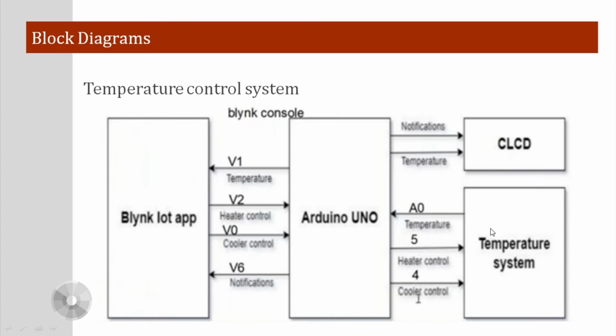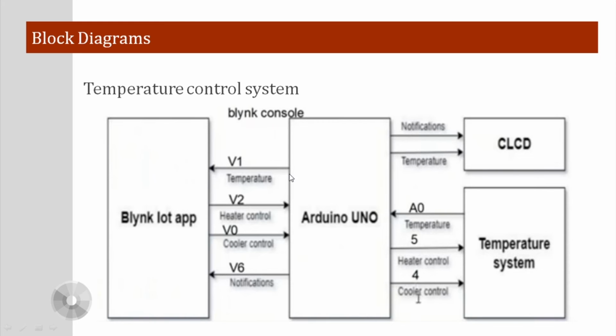From there, the status of the temperature system goes again to the Arduino. From there are three outlets. One is notification and temperature. On the LCD it also displays the status of the temperature system, and notification means temperature control is on, and it displays how many degrees centigrade the temperature is.